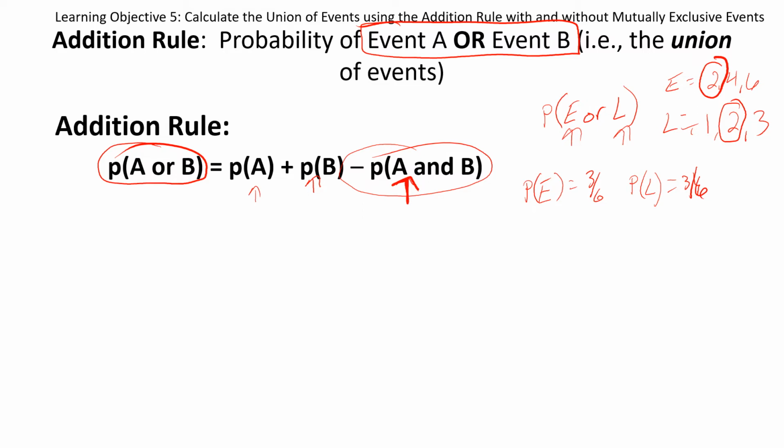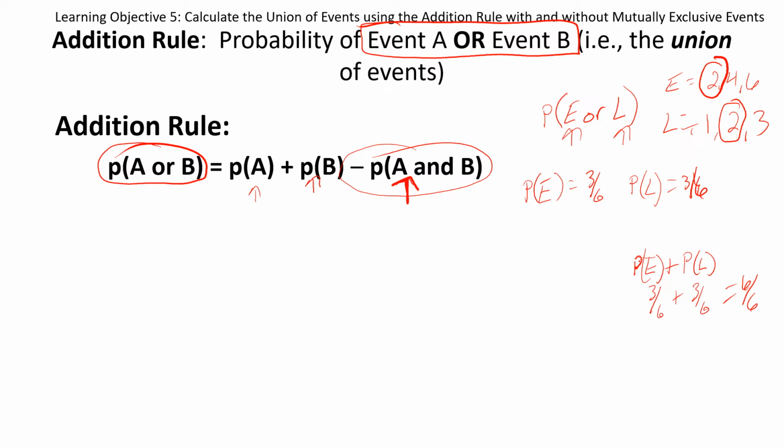If we just did the probability of even plus the probability of low, it would be 3 out of 6 plus 3 out of 6, which would equal 6 out of 6, which would equal 1.